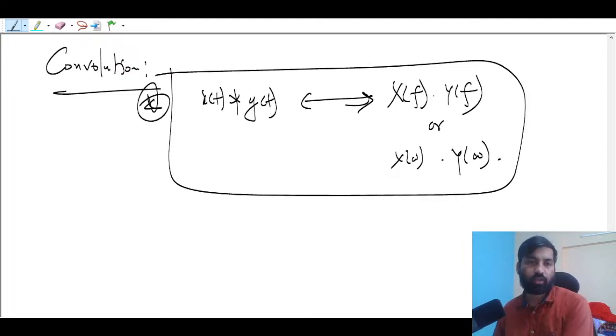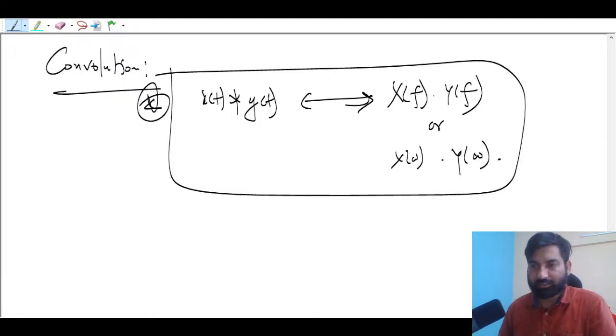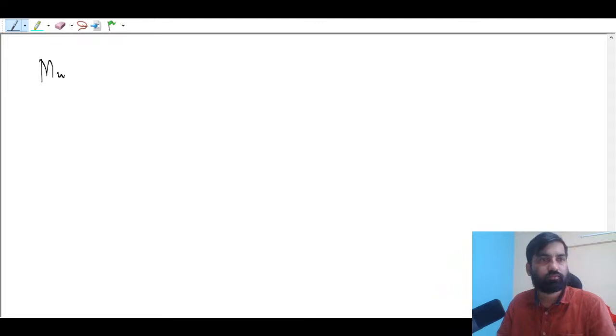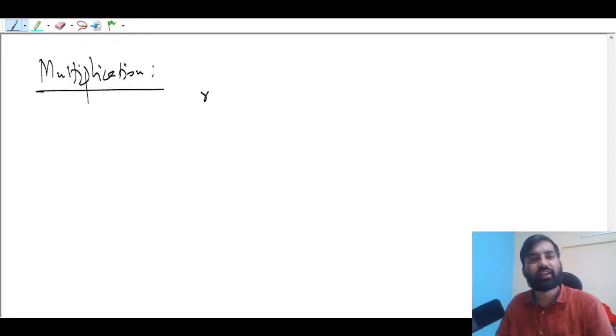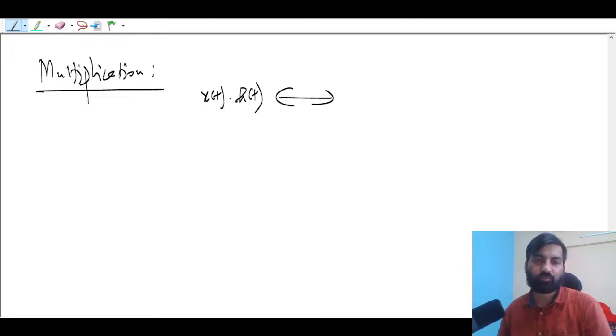Now multiplication. If you are going to multiply in the time domain, multiplication in the time domain means x(t) times h(t) has the Fourier transform, right?